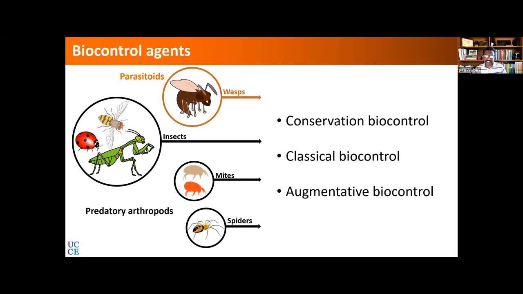And we have several examples of them in greenhouse production or open field production, like strawberries or nut crops. And these are used as a part of an IPM program by regularly releasing them based on the target pest. So this is how biocontrol is used: conservation, classical biological control, or augmentative biocontrol.